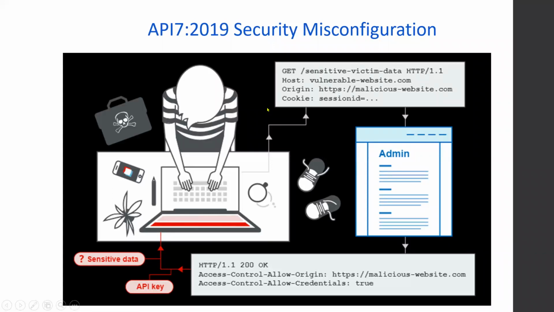And when the victim clicks on it, a request would be sent, and the access control allow origin would readily reflect malicious.com, and this would allow the attacker to steal the information through, again, some logger server or something. So this is the basic example. I know it's very confusing, but this is a very basic example, of course.